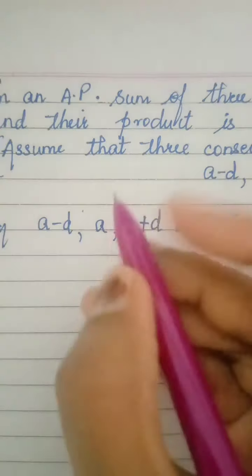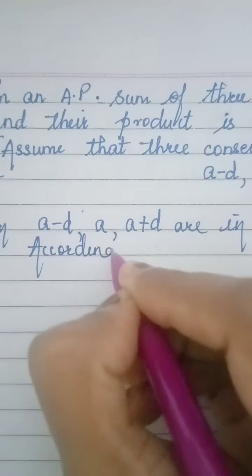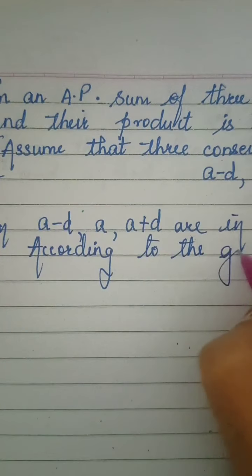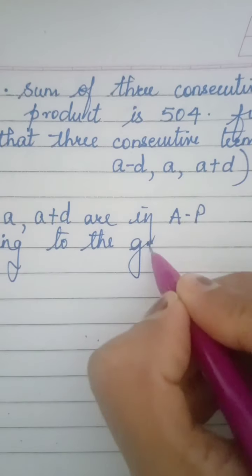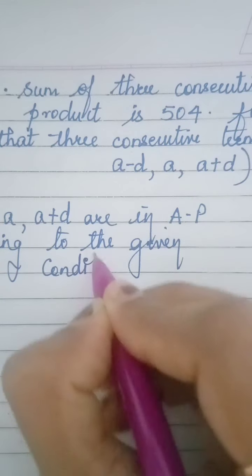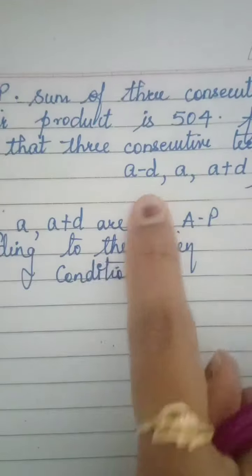Now according to the given condition. What is the first condition, children? In an AP, sum of 3 consecutive terms is 27. So which are the 3 terms?